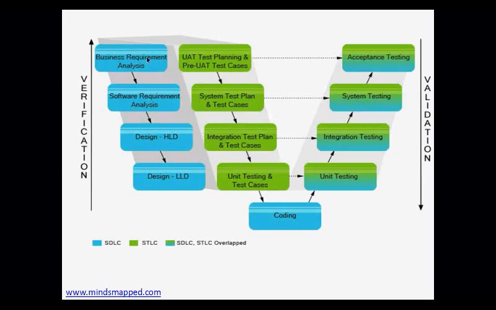So we are verifying whether we have got these documents from the client or not, right? On the basis of these documents, we are verifying the product which is developed by the developer, whether the product is specific to the business requirement, software requirement, high level design or low level design.